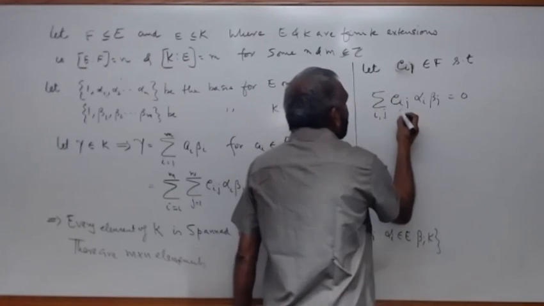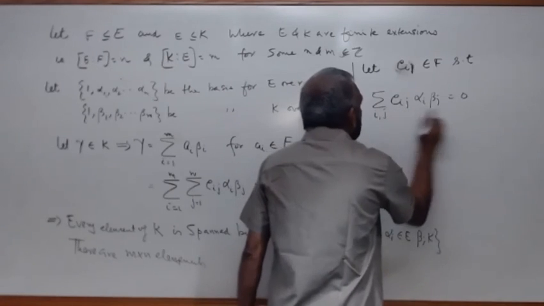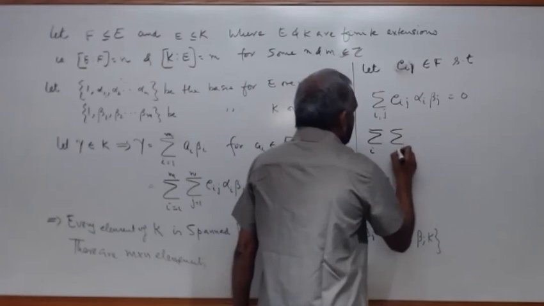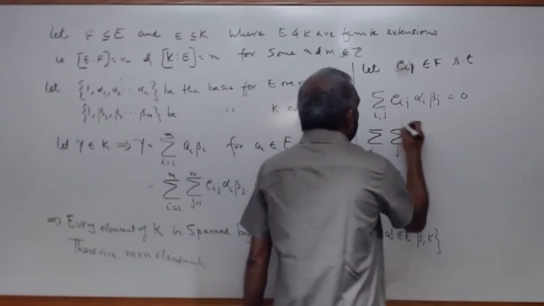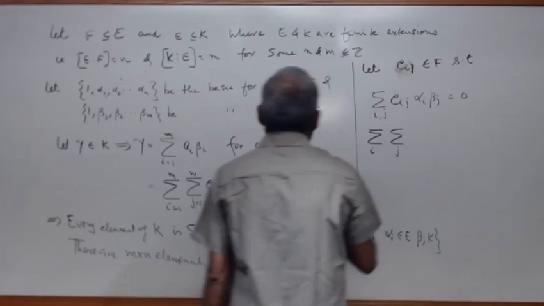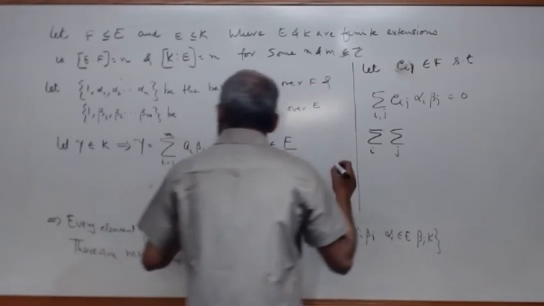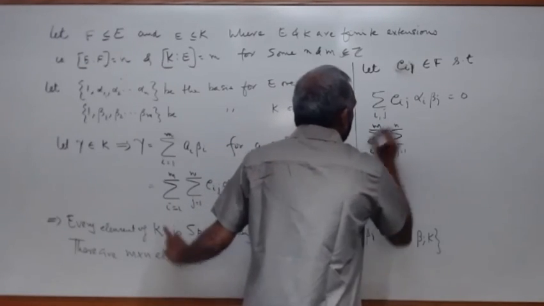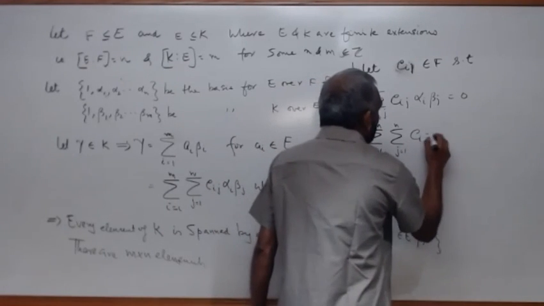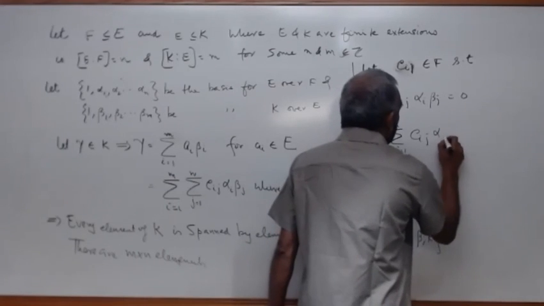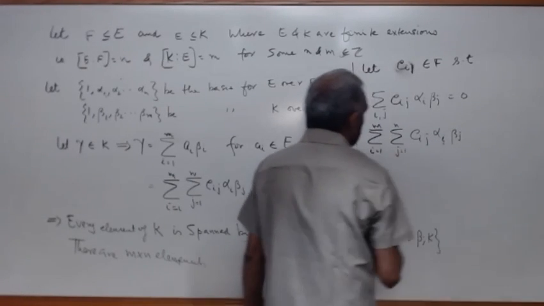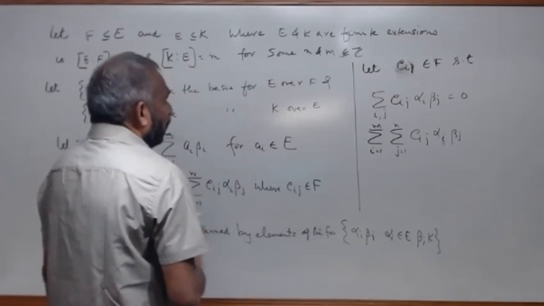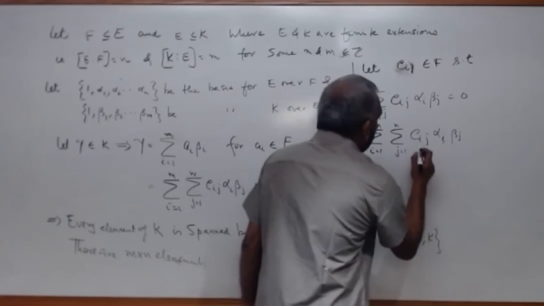See what happens here. If you take this, you split this one into 2, i from 1 to m, and this is from 1 to n, c_ij alpha_i and beta_j.